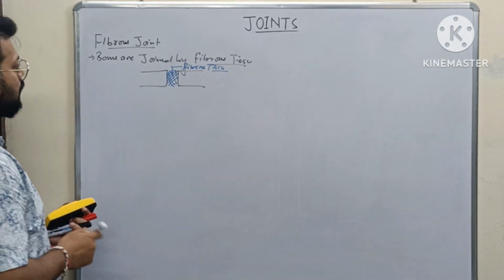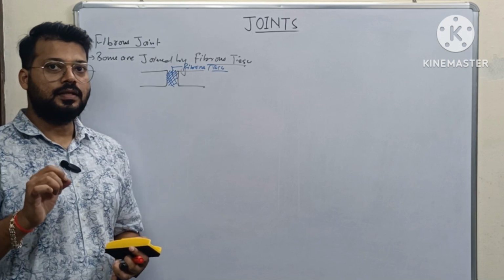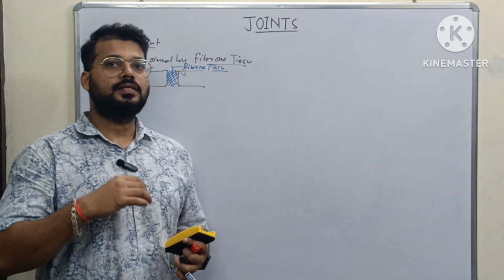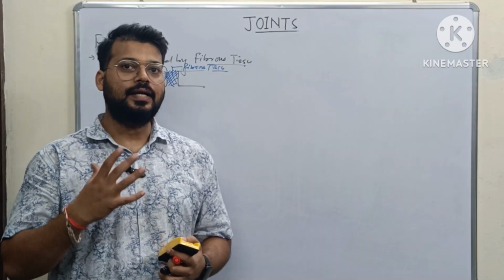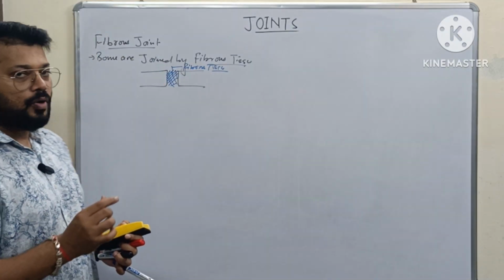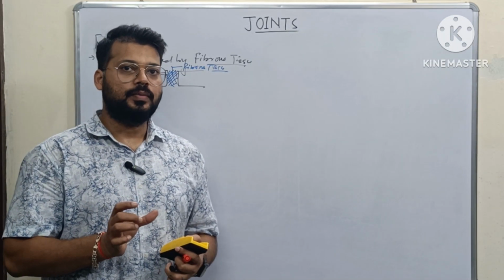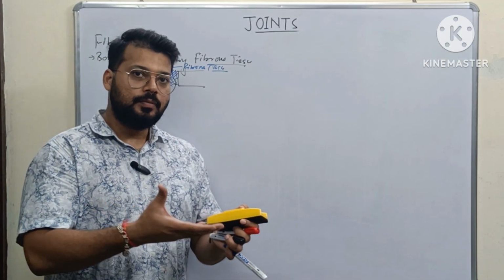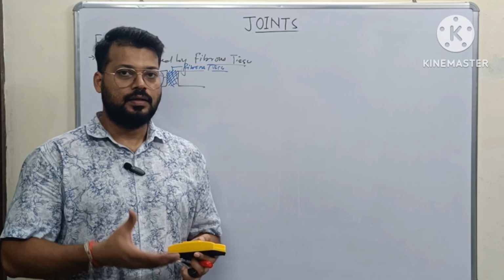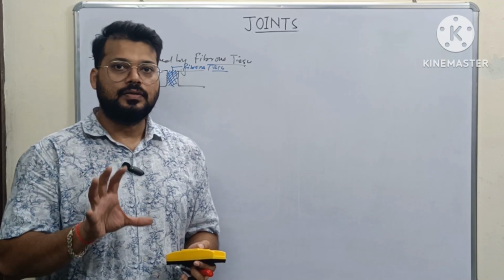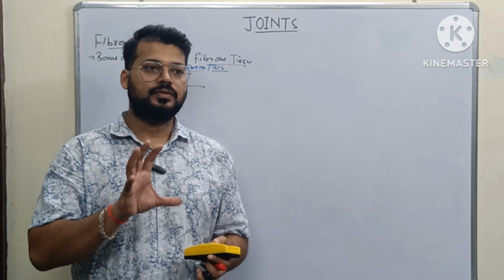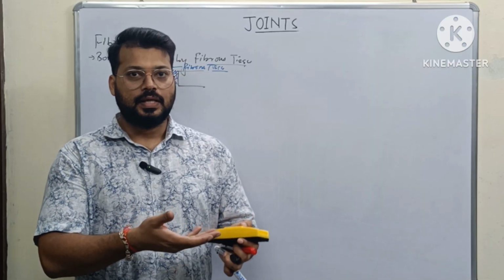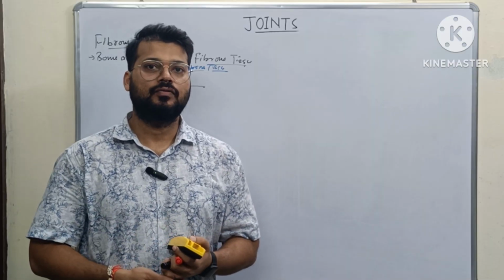Okay. The next point of fibrous joint is that it is an immovable joint, or in certain conditions it produces some slight degree of movement. And this small movement in fibrous joint is seen during childbirth. When the baby passes through the vaginal canal, the joints between the skull show some slight movement through which the baby can pass easily through the vaginal canal.